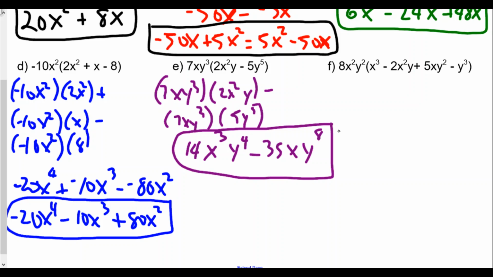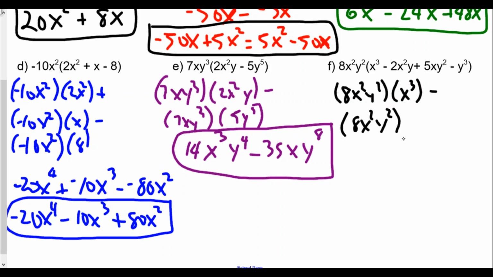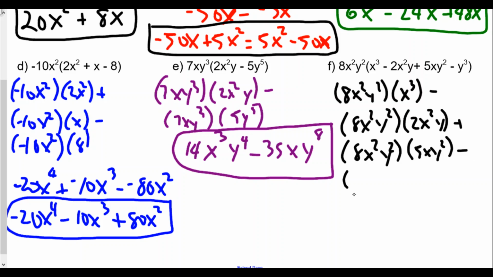Okay, let's continue. For f, we have 8x squared y squared times x to the third, minus 8x squared y squared times 2x squared y, plus 8x squared y squared times 5xy squared, minus 8x squared y squared times y to the third.